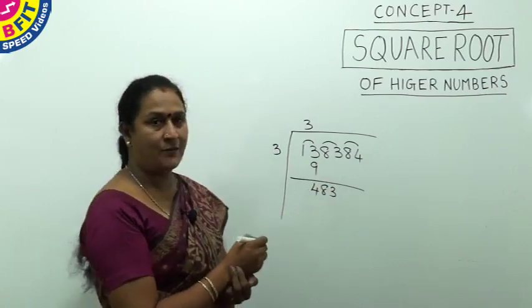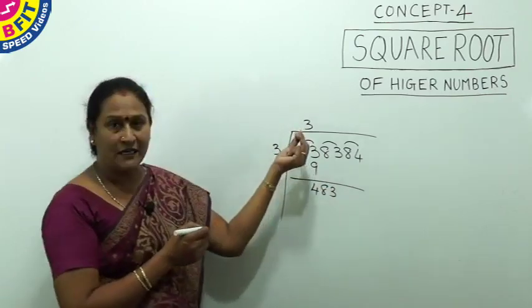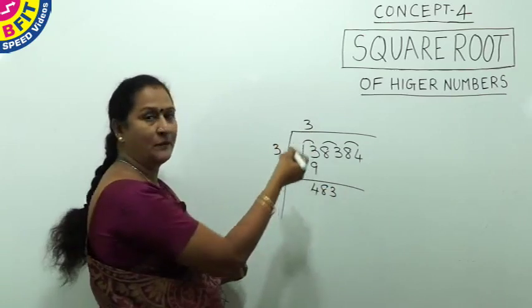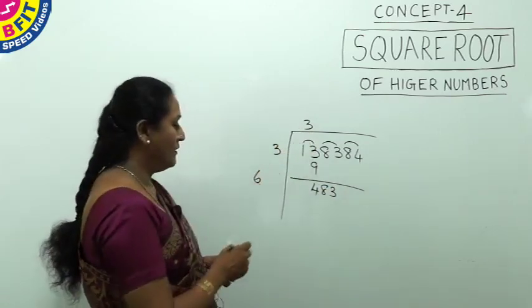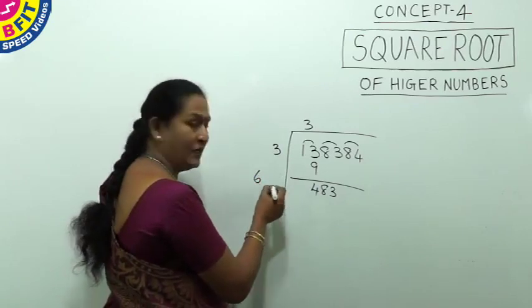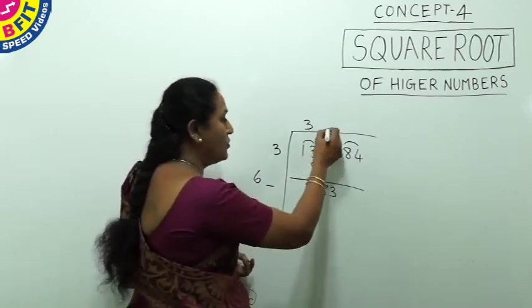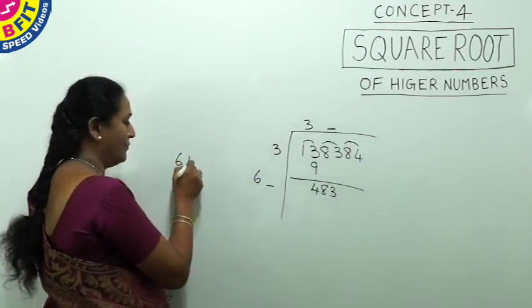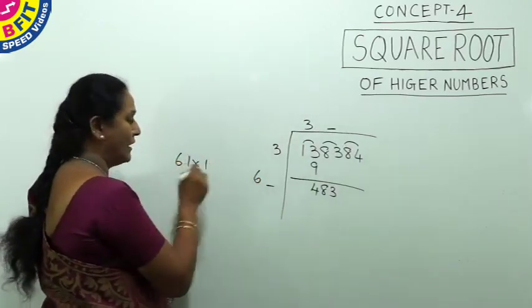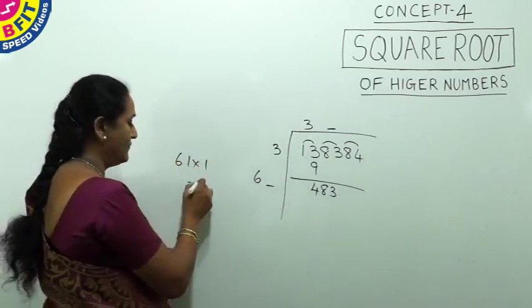For the next step of working, whatever is here is doubled, meaning multiply it with 2. So 3 into 2 is 6. Now the number which you put here has to be written in the quotient place also. Say for example, if you write 1, you should write 1 there and the product is 61.